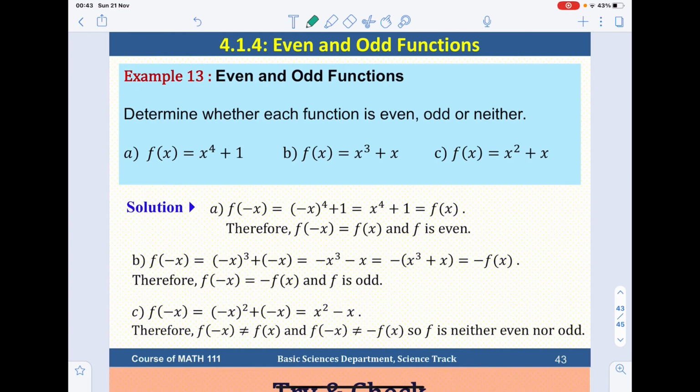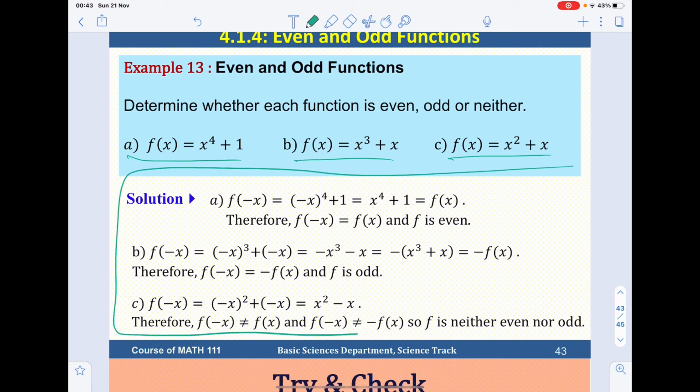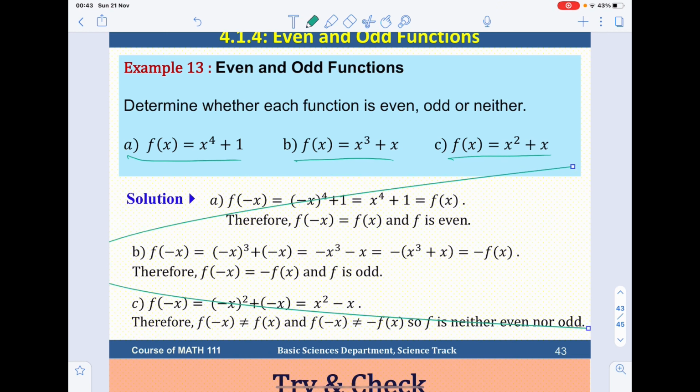Okay, we have here such a function, and we want to find out whether the function is odd or even. So we can check that.